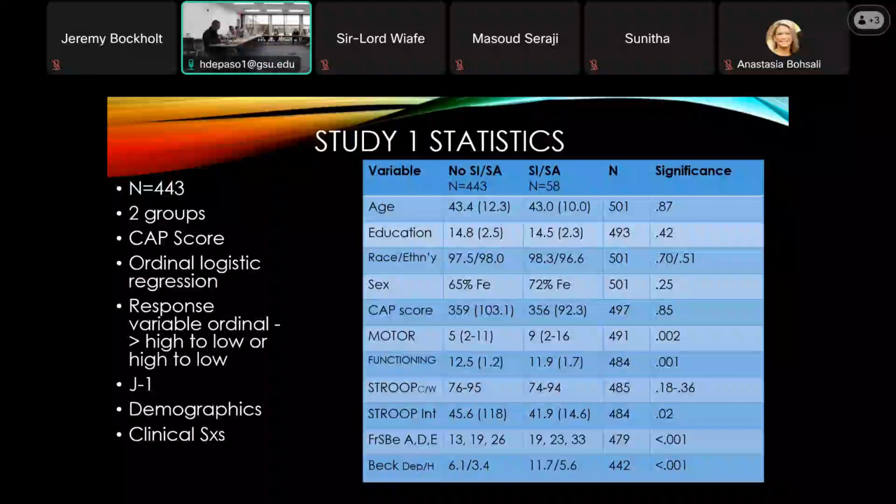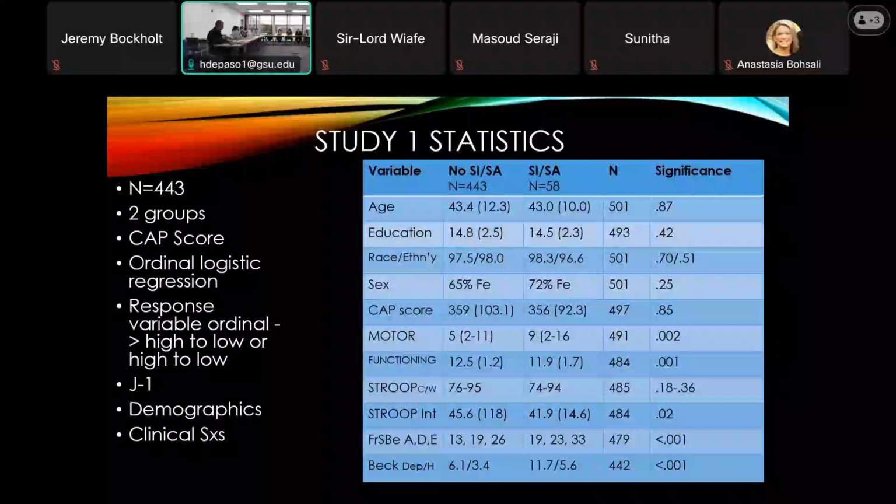We used ordinal logistic regression because we are using ordinal data itself, and because of the type of response and the regression pattern we're doing, we can discern this is the J-1 categorization, which means that we can basically organize the variables from high to low and low to high, and that's sequential.